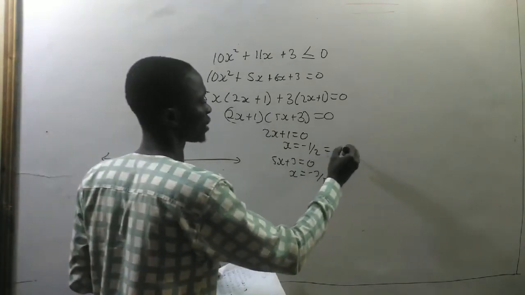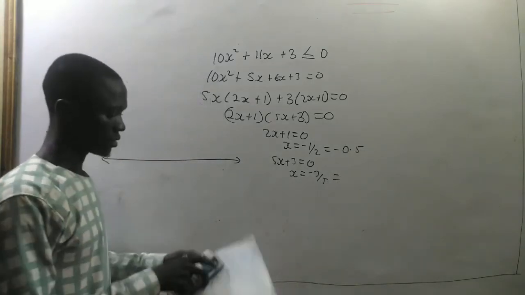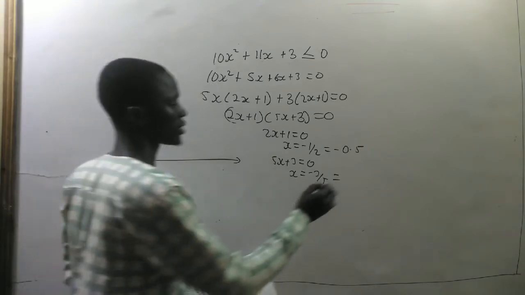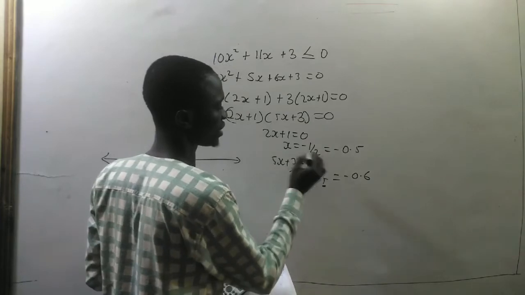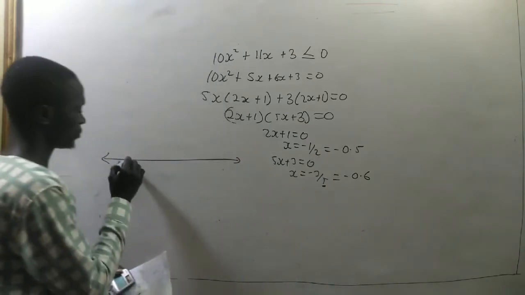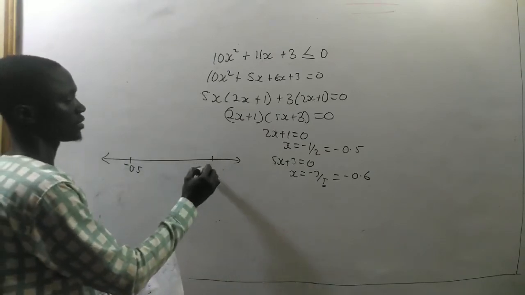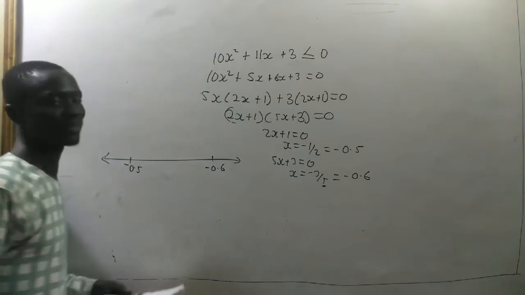This will give us minus 0.5. And this will give us minus 0.6. So clearly, this one is greater than this.